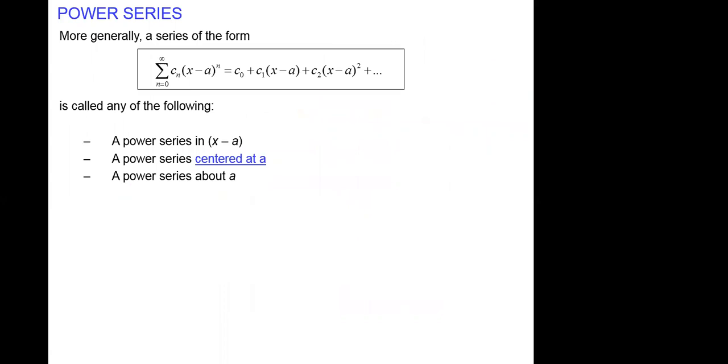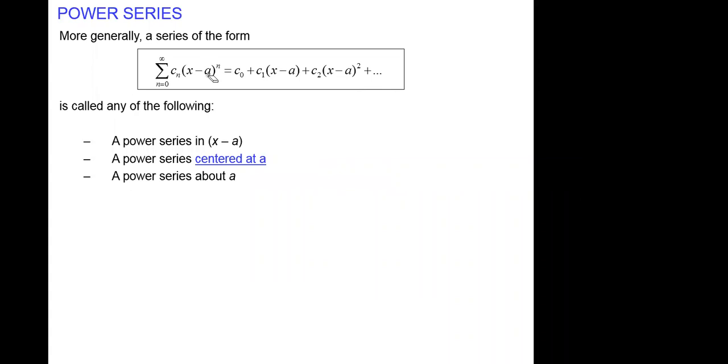Since we know what A is, that A is the center, we will have a little bit more general formula for the power series. We have a summation from 0 to infinity of C sub n, the coefficient. But now my power x to the power of n becomes x minus a to the power of n. Having this, we will see right away what the center is.